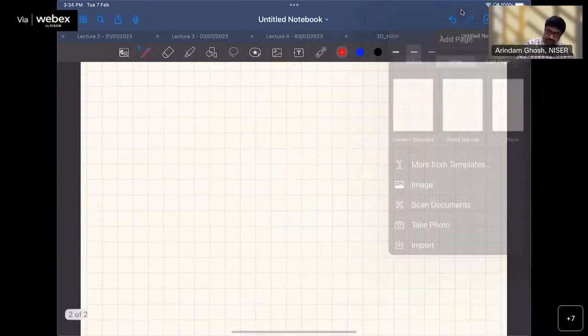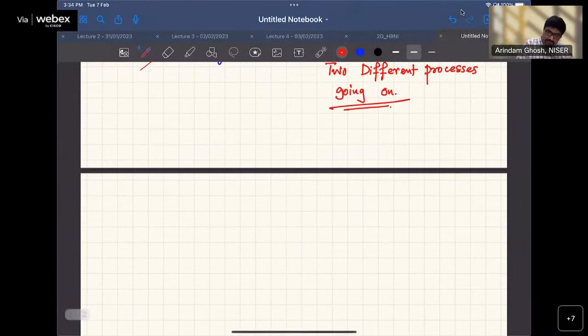What are those? We had drawn like this previously, that I have a state and then I create another one like this. Right?